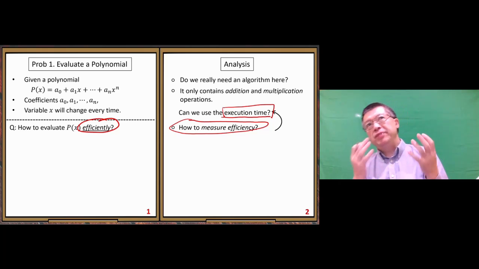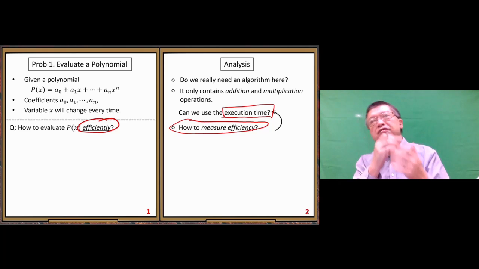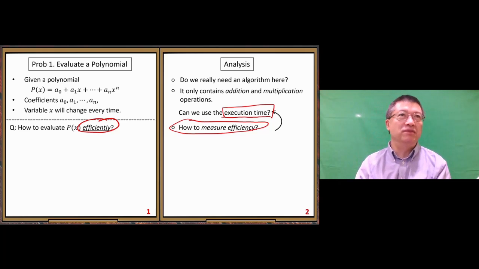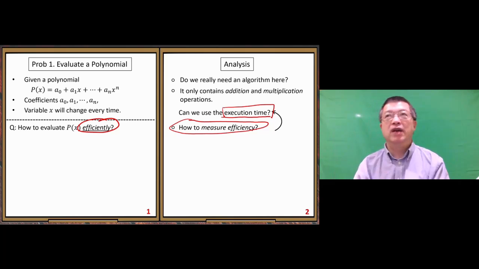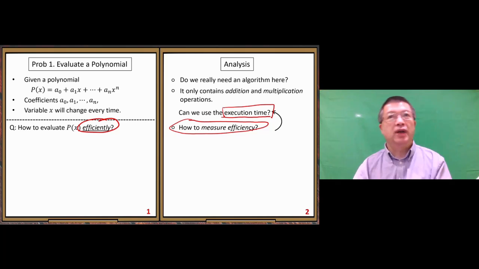Some students may give me 0.005 milliseconds, for example. Another, different. Everyone would give me a different answer. If there is no consistent measure, how do we talk about efficiency? Right? So that's not a good measure. So we should not use that.